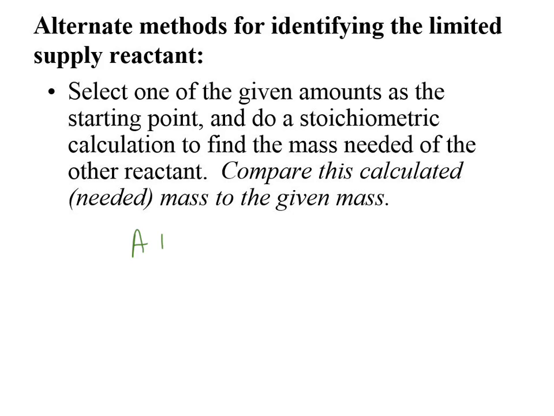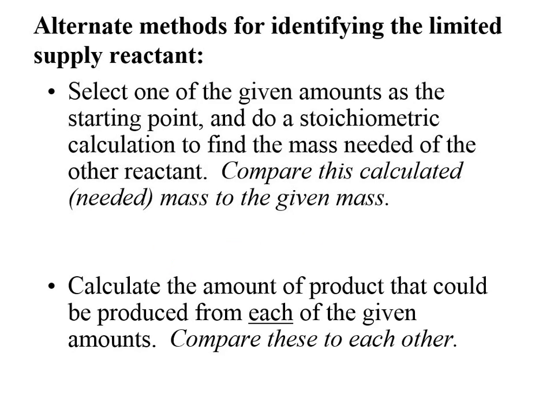If you have A reacting with B to form C, and you're given X grams here and Y grams here, you could do a stoichiometric calculation based on the given grams of A to find out how many grams of B you would need. And then see if you have extra B or not enough B, and make your conclusion that way. This one I've seen students like to do. This one could be potentially a lot of work, but it's pretty straightforward.